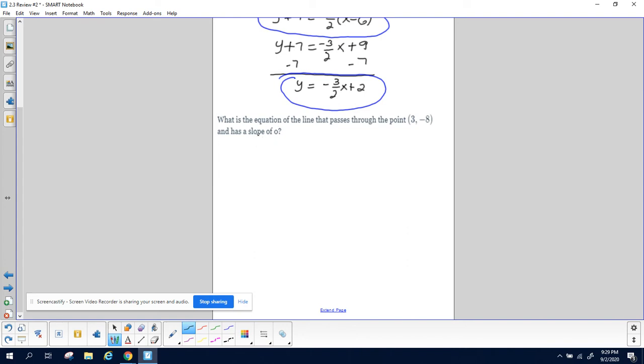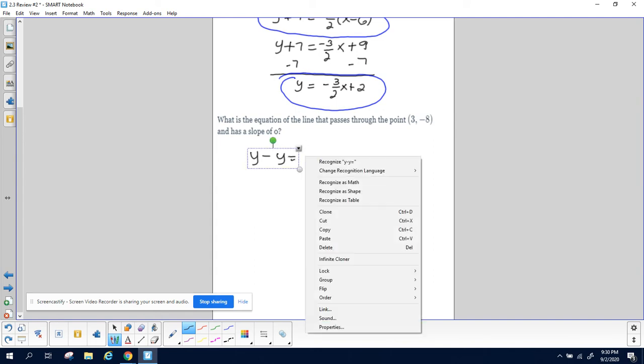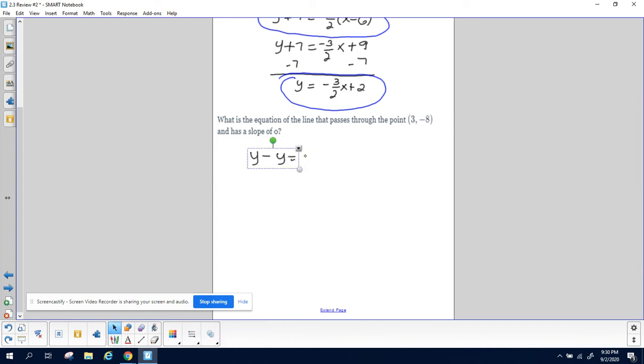Okay, I found a very unique problem in Delta Math, and I didn't want you to get hung up on what if the slope is 0, and you try this method, which is inserting the numbers into the point slope form. If you know the point and you know the slope, you could enter them into the correct spots.